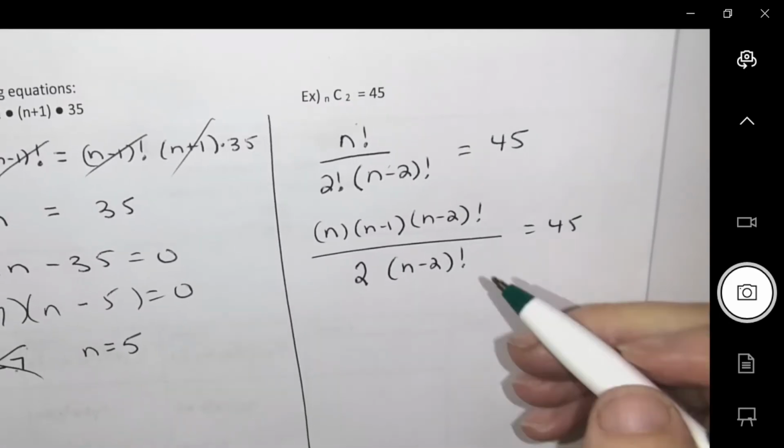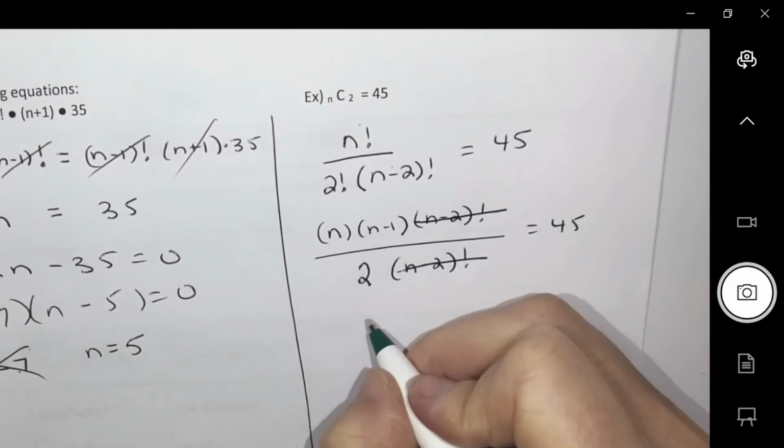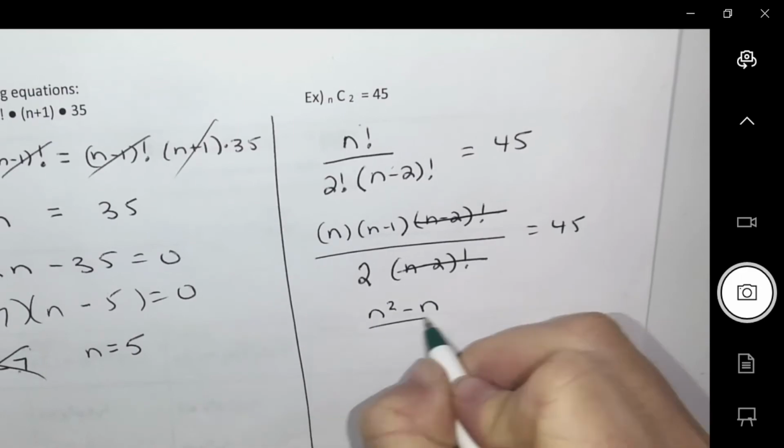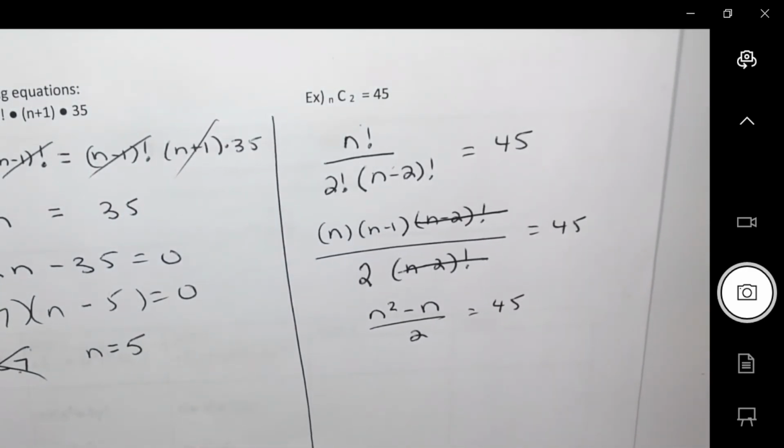Okay, expand, cancel. I'm going to simplify that top. So I simplified the top, n squared minus n.